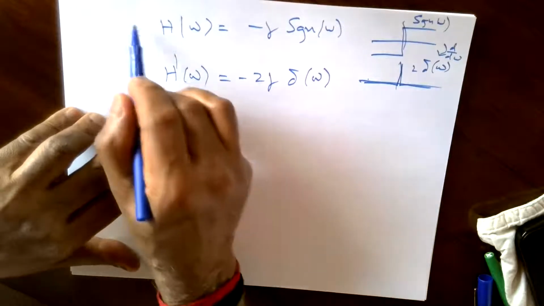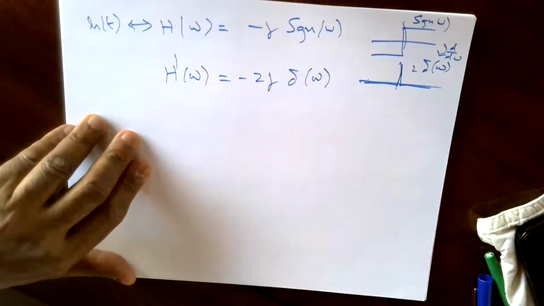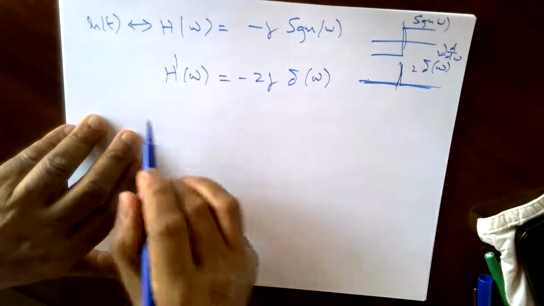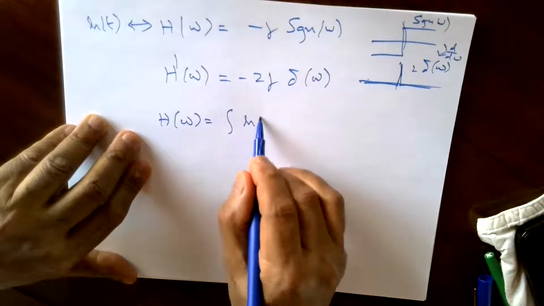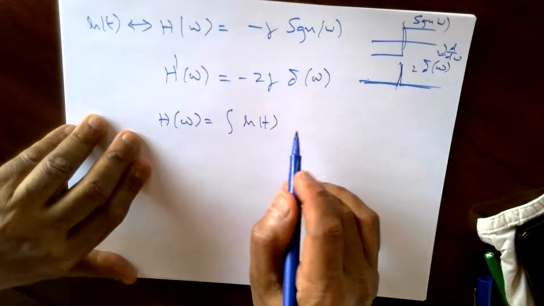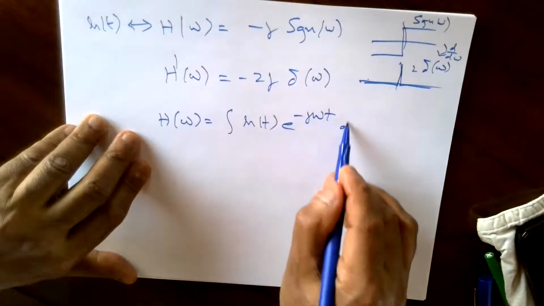So remember, what we are interested in is h(t). If you write down H(omega), you also have this expression. H(omega) is the integral of h(t) e to the power minus j omega t dt by definition.